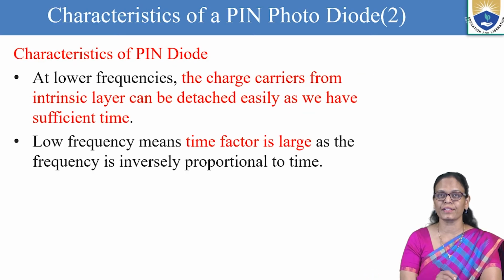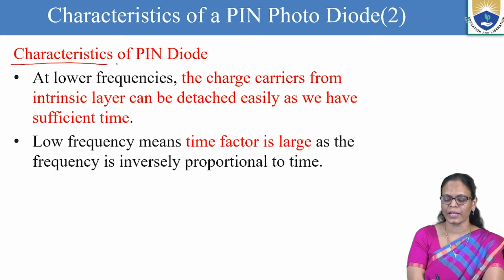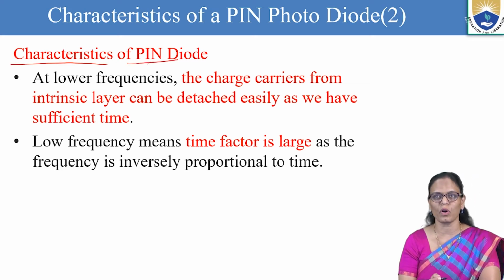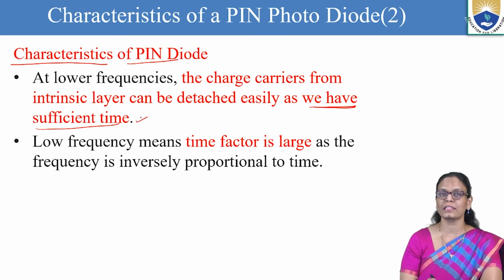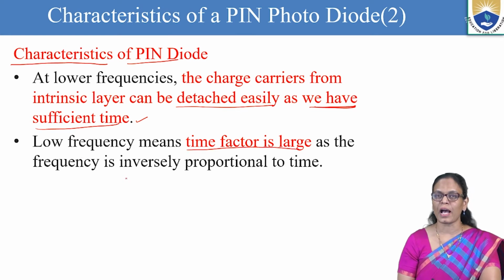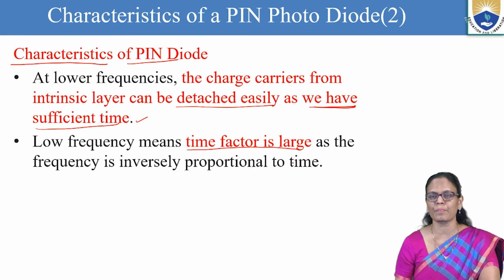Now coming to the characteristics of the photodiode. What are the characteristics of this PIN diode or PIN photodiode? At lower frequencies, the charge carriers from the intrinsic layer can be detached easily as we have sufficient time. Low frequency means the time factor is large, as frequency is always inversely proportional to time.